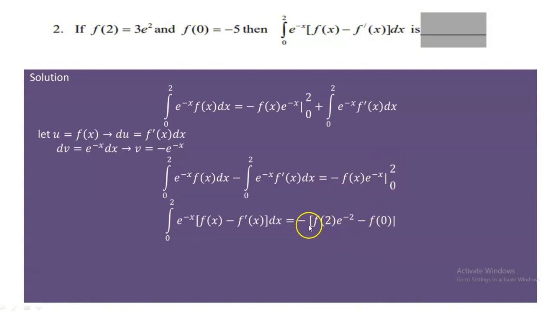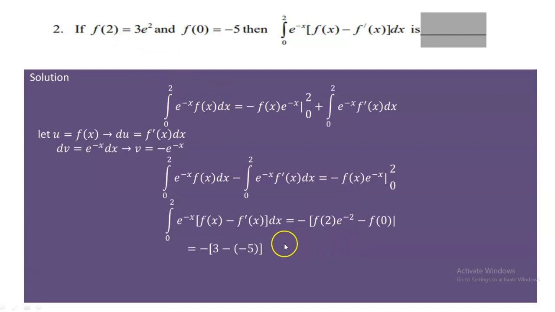But we know what f of 2 is because it's already given, 3e squared. And we know what f of 0 is because it's already minus 5. So f of 2 is 3e squared, so 3e squared times e to the power of minus 2 can come. And the bases are the same, so as you are adding the exponents, 2 plus minus 2 is 0. E to the power of 0 is 1. And then you can obtain 3 here, students, 3.